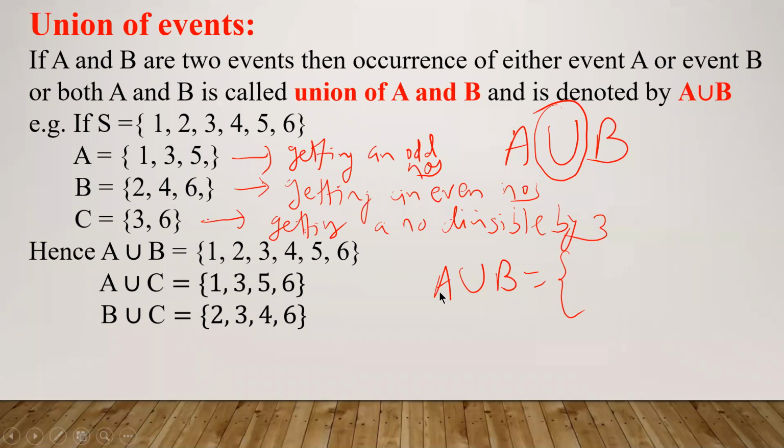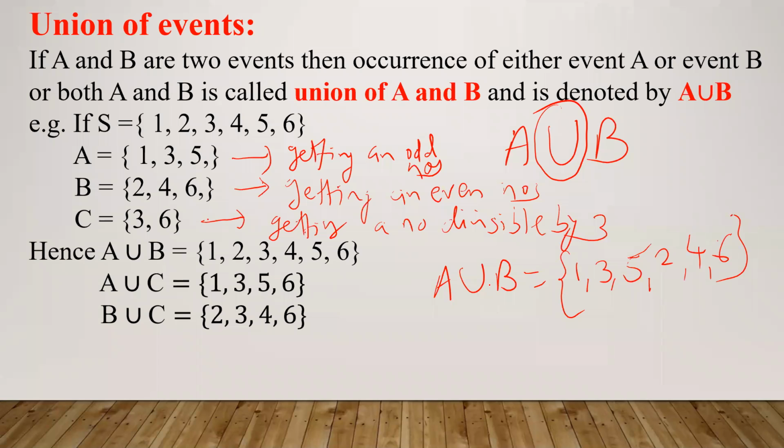First of all, you write down all the sample points of A. What A contains? 1, 3 and 5. Then write down those sample points of B which I have not written here, because in a set you cannot repeat a number. So in B, 2, 4 and 6, I have not written any of them here. So I will write 2, 4 and 6.